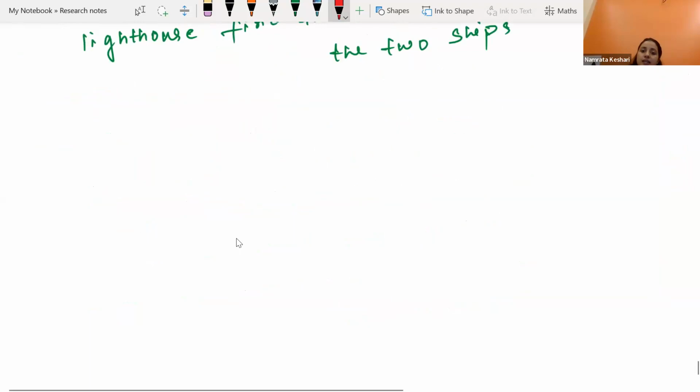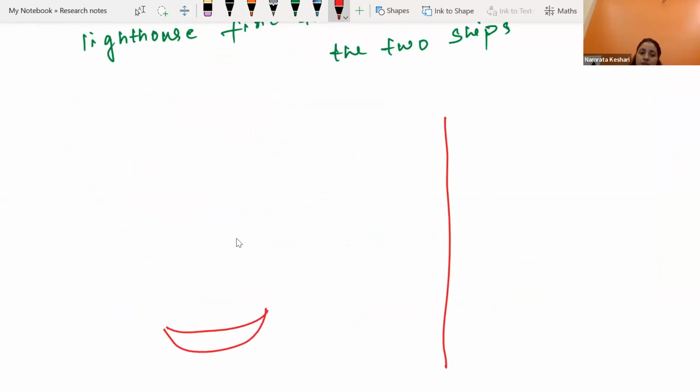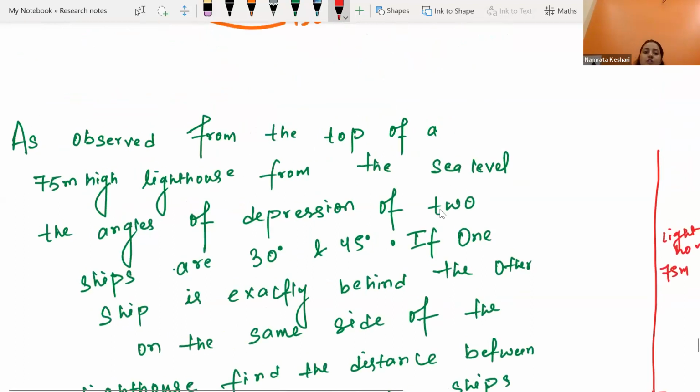So basically, the question says there is a lighthouse, 75 meters in height, and two ships are there. The angles of depression of the two ships are 30° and 45°.